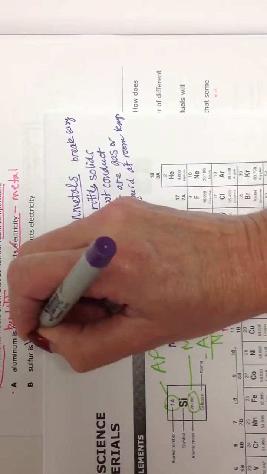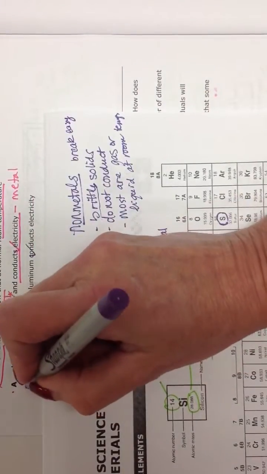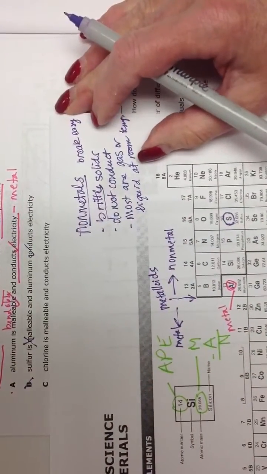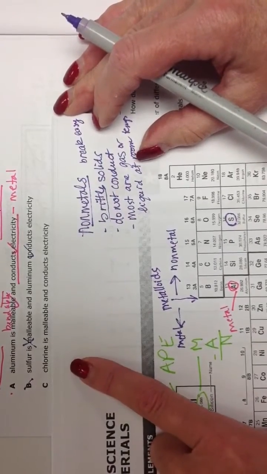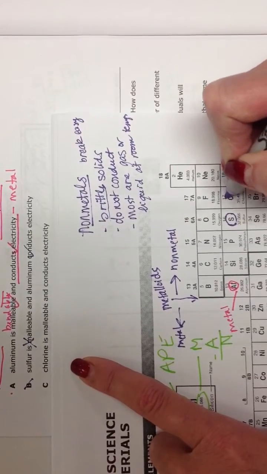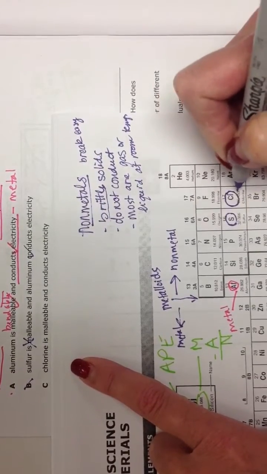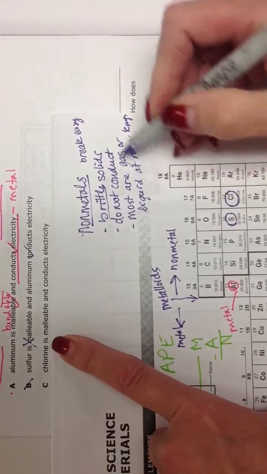So sulfur is definitely not malleable, but aluminum does conduct electricity, but this answer already is wrong because one portion of it is incorrect. Now it asks us about chlorine. Well, if you find chlorine, which is Cl, right next to sulfur, it too is a nonmetal. So it has these exact same characteristics. It is definitely not malleable.